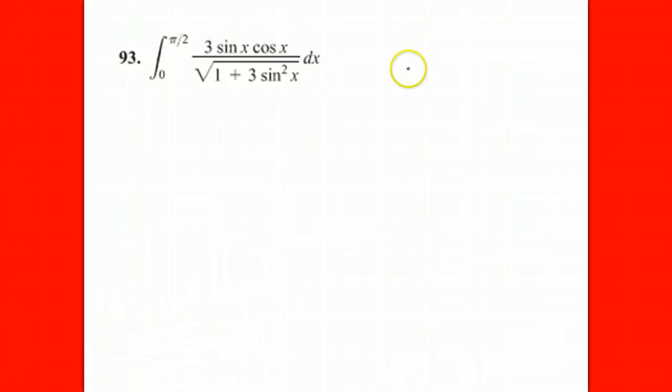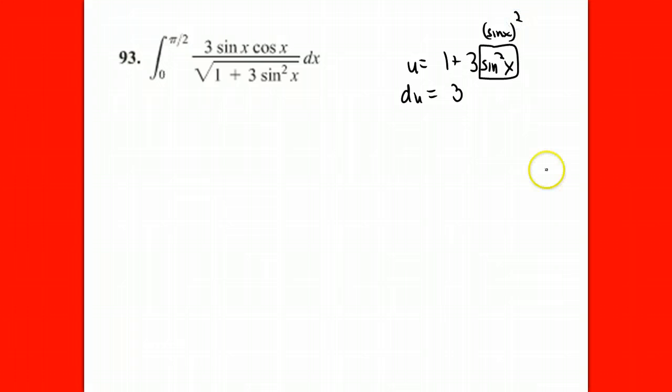If I let u be the entirety of 1 plus 3 sine squared x, I take its derivative and I get 3. I treat this like sine x whole thing squared, so I bring the 2 down from the power rule. I take sine x to the first power, and then I multiply by the derivative of sine x, which is cosine x.